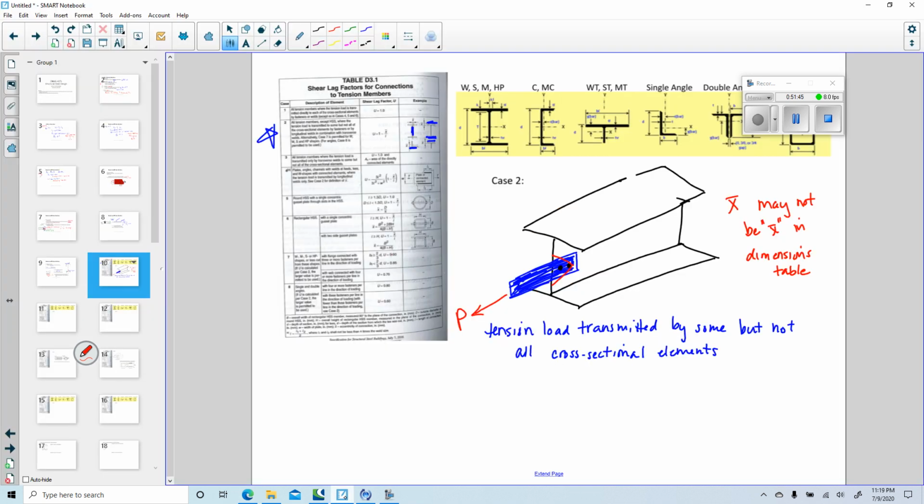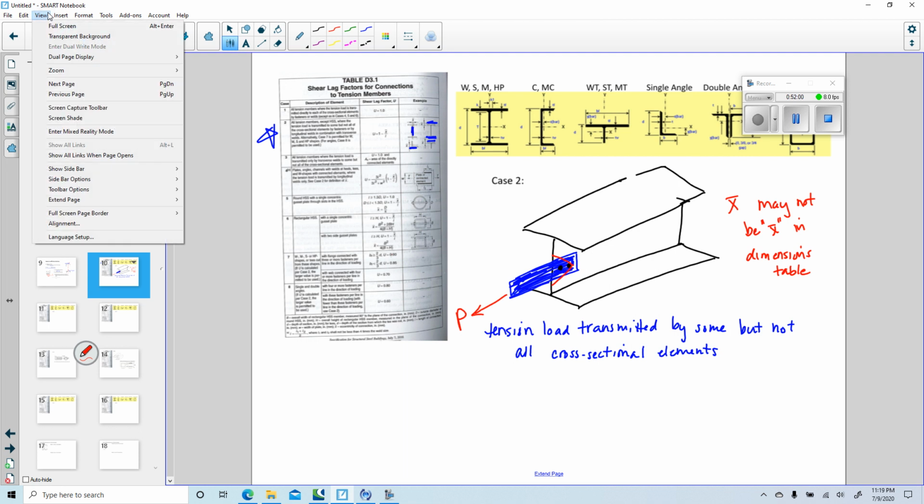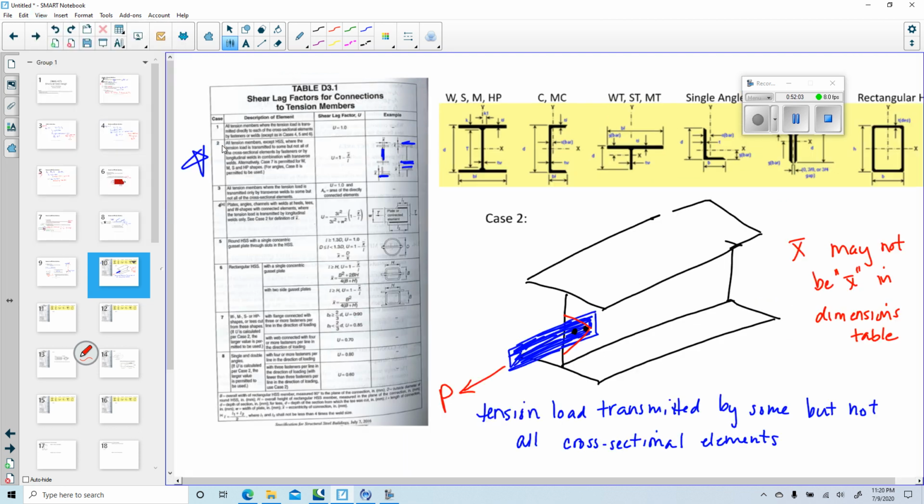If I look at this shear lag factor picture, it says like if my connection is only on the web, the eccentricity, right?